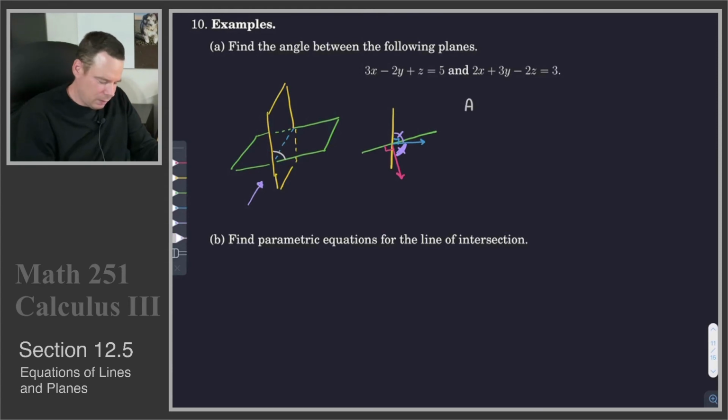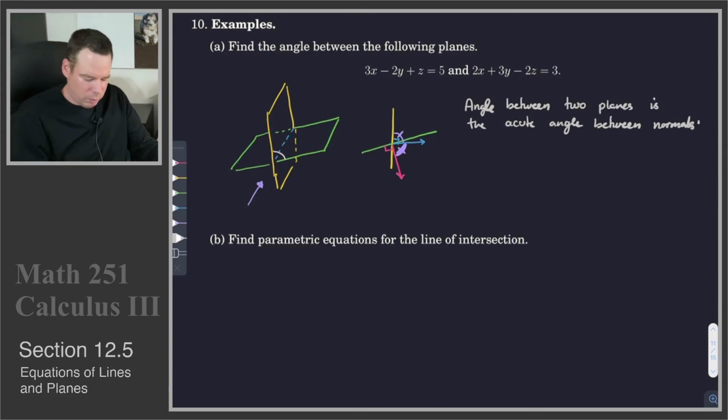So what we have is the angle between the two planes is the acute angle between the normals.